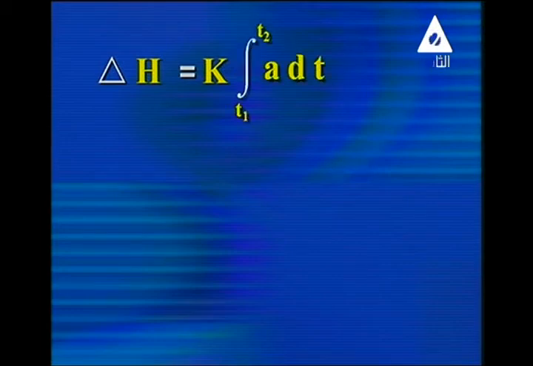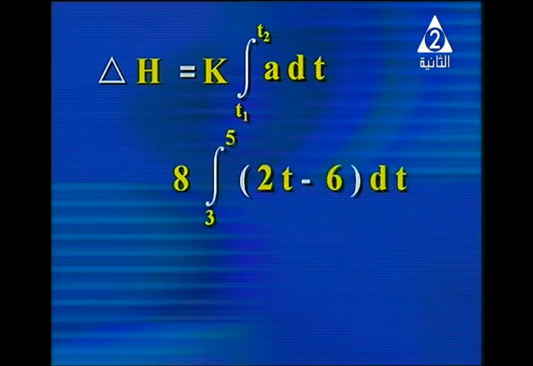Solution. The momentum change, delta H, equals a constant k multiplied by the integration from t1 to t2 of acceleration with respect to time t. Dear student, what is the acceleration?